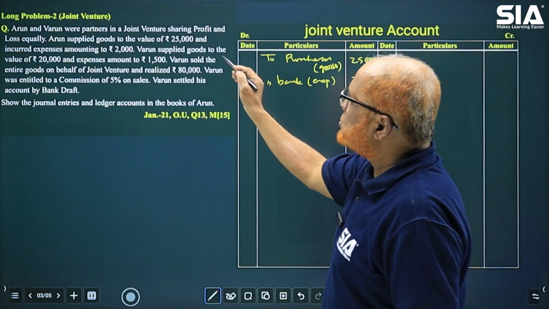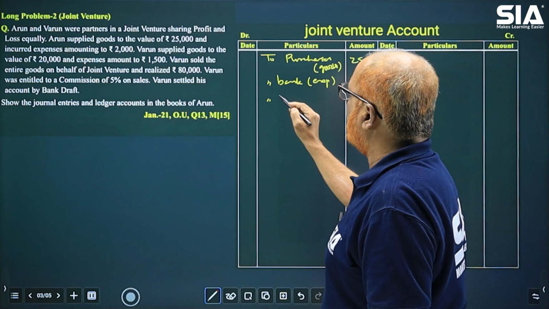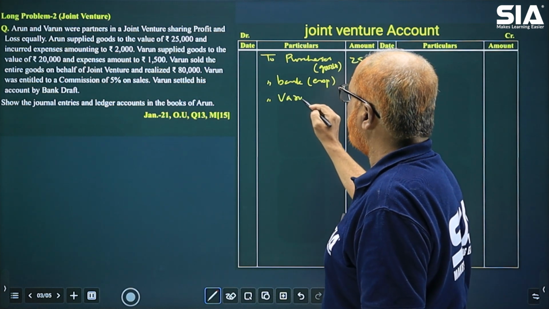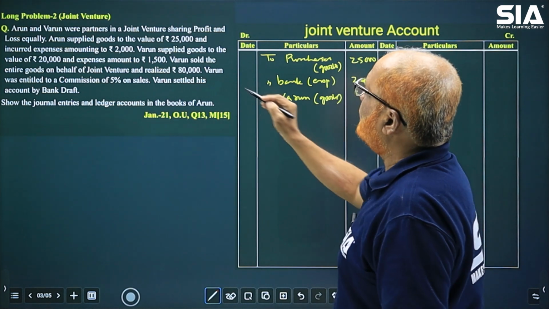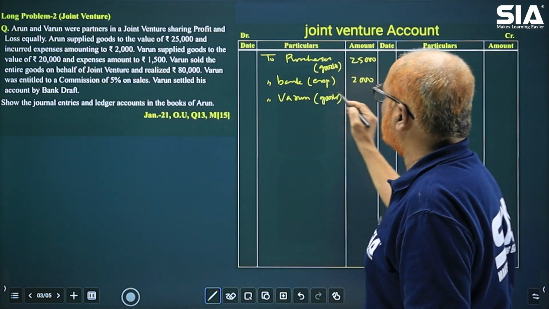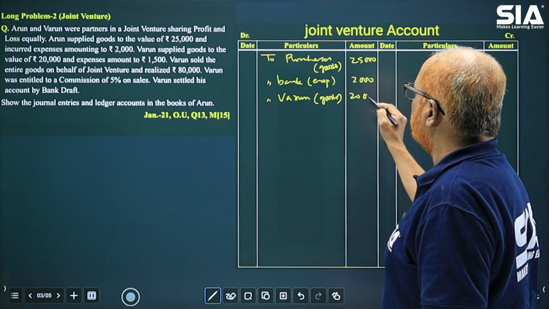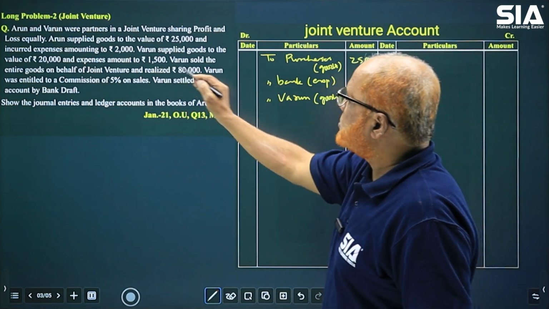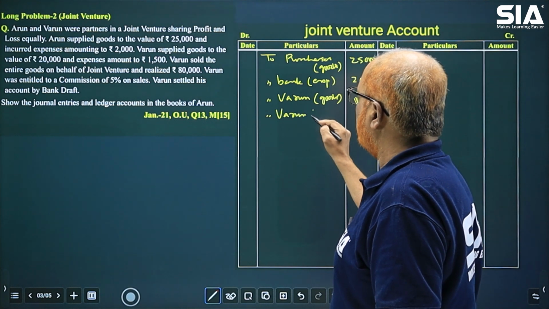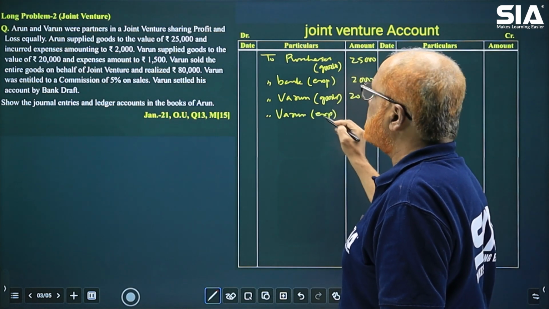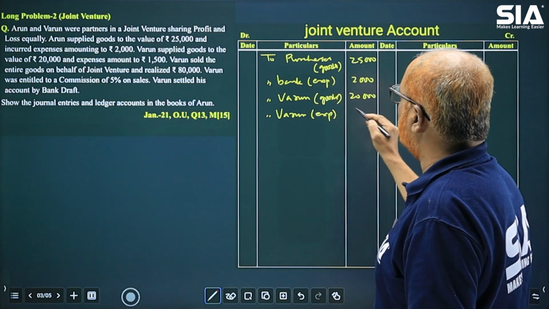Then to Varun, goods supplied: 20,000. Then to Varun, expenses incurred: 1,500.